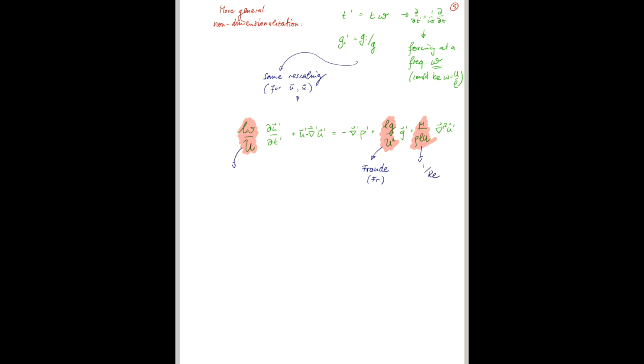And this here is the so-called Strouhal number, abbreviated as St. So in terms of interpretation, Strouhal really is the ratio of the unsteady acceleration term versus the advective term.